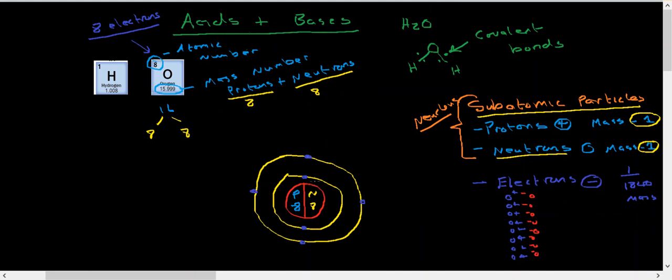So we've 1, 2, 3, 4, 5 and 6. So you have 2 electrons in the first shell, and then you have 6 electrons in the second shell. So this is our oxygen atom.